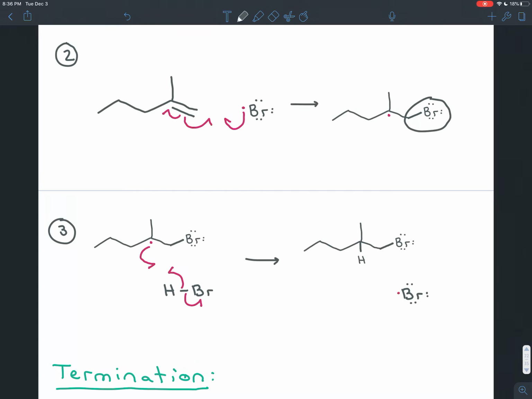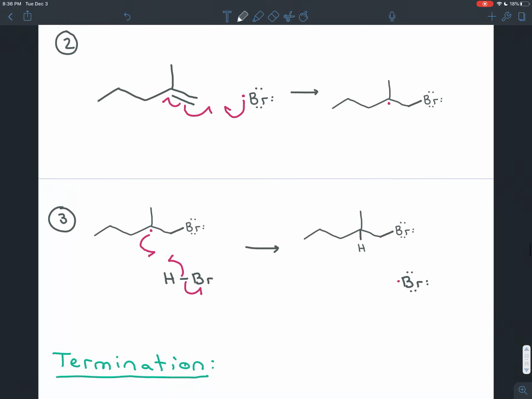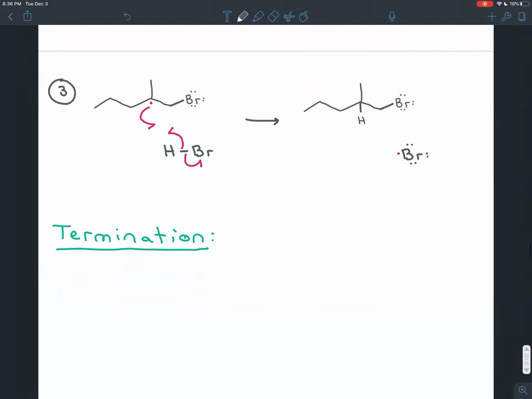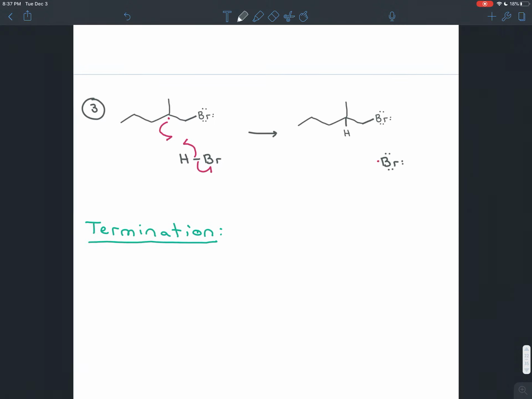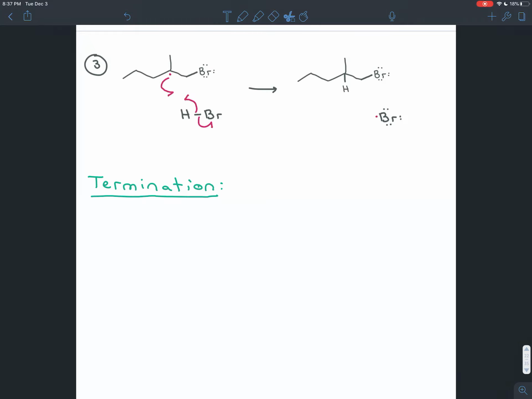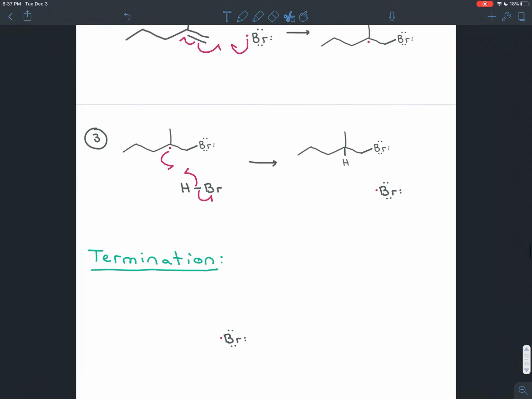The bromine adds to the less substituted carbon so that the radical can form on the more substituted carbon. And then once you have that radical, it steals a hydrogen from HBr to give you your final carbon chain product. But we still have a bromine radical, and that leads us to the termination step.